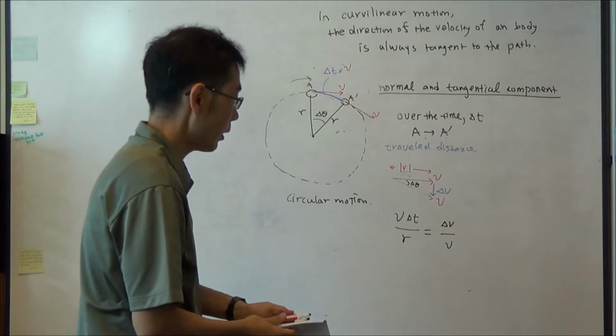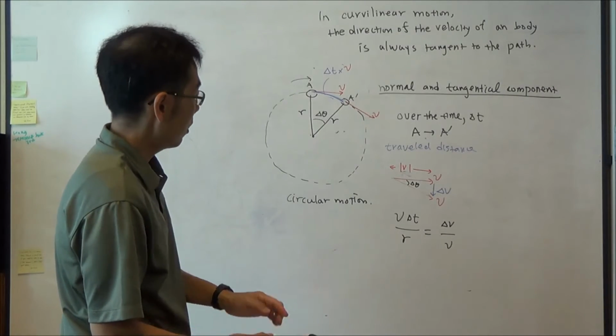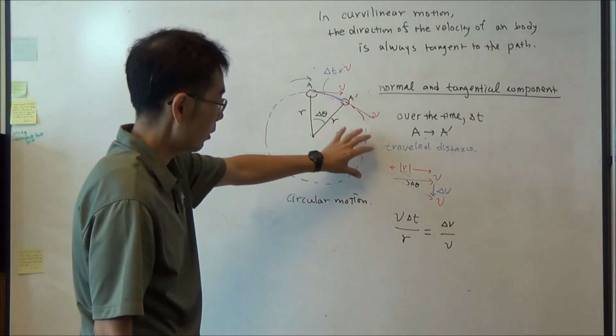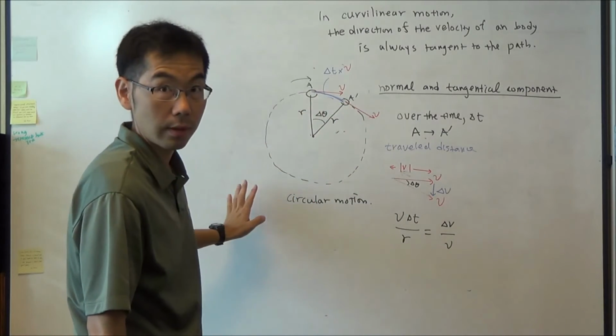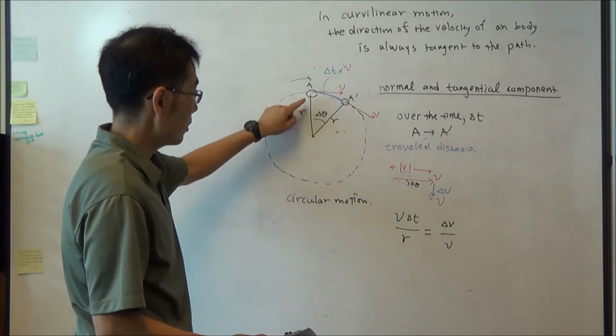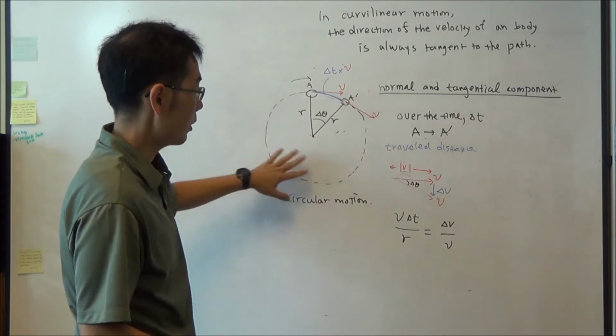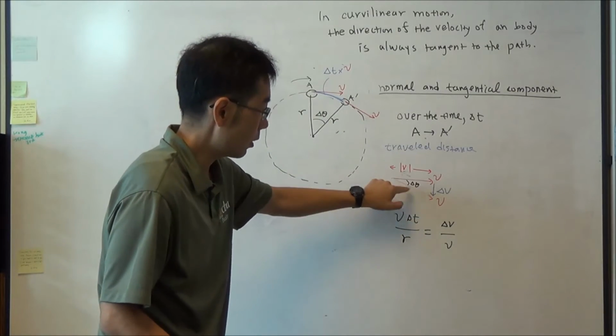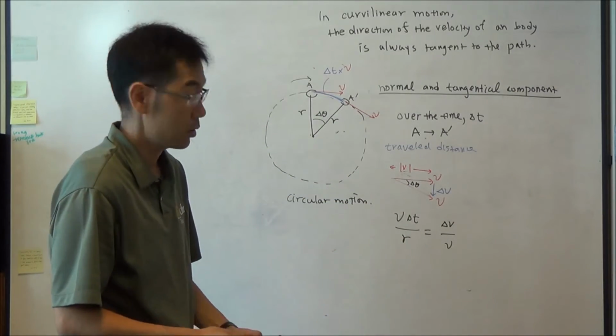So we make a simple ratio using the two different triangles, one coming from this geometry, and the other coming from the velocity vector change.